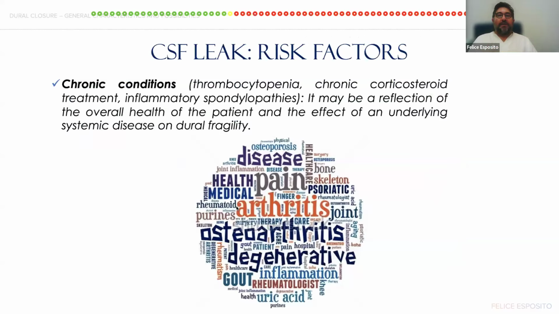And there are also some chronic conditions that may cause an increased risk of postoperative CSF leak due to an ineffective dural closure, like thrombocytopenia, again chronic corticosteroid therapy, and so on.